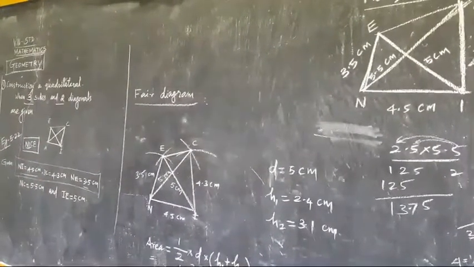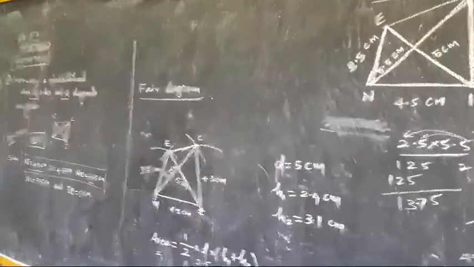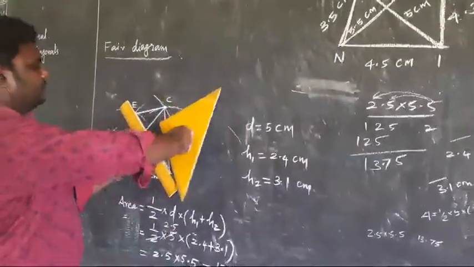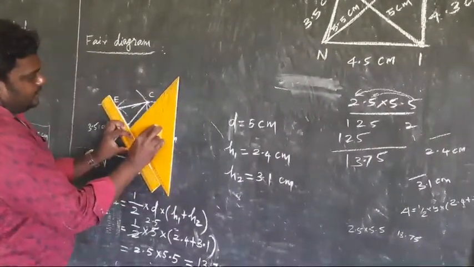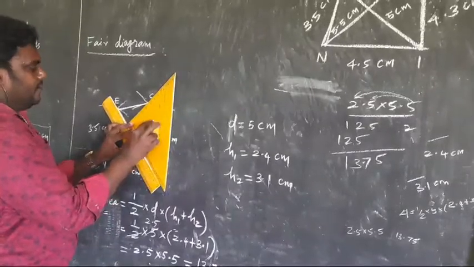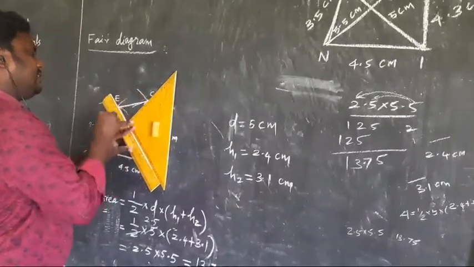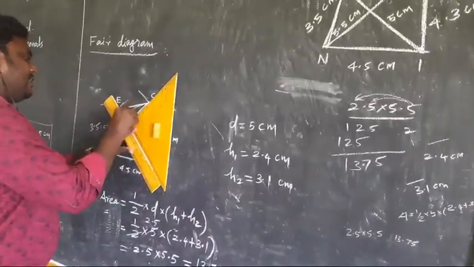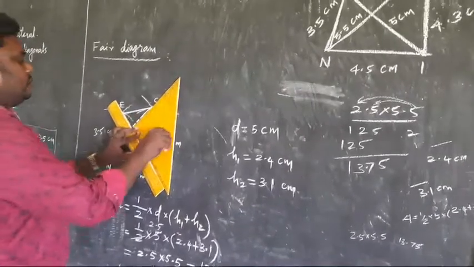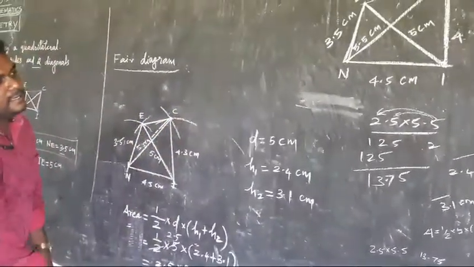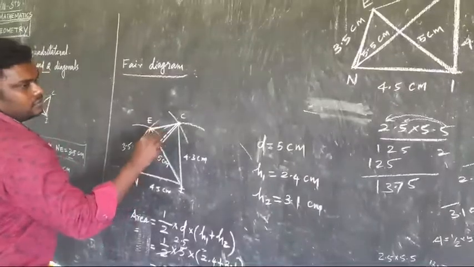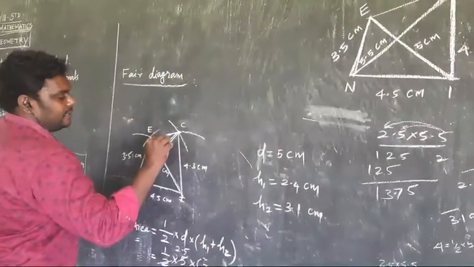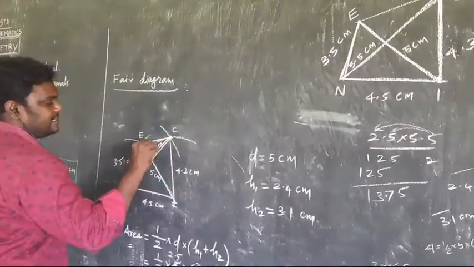With the set square and scale, from the vertices I draw the perpendicular lines. So here I draw the line. This measurement is 2.4 centimeter. This is considered as H1.